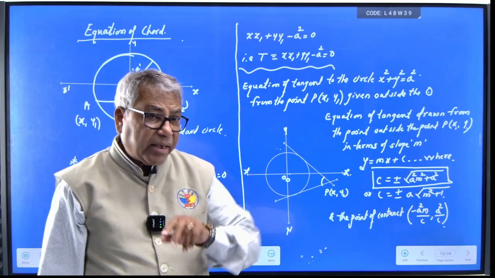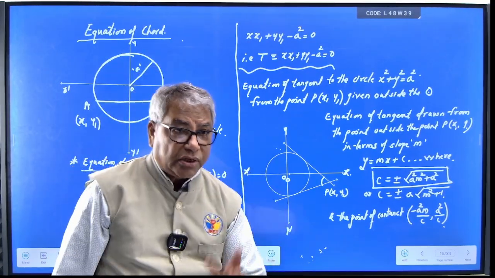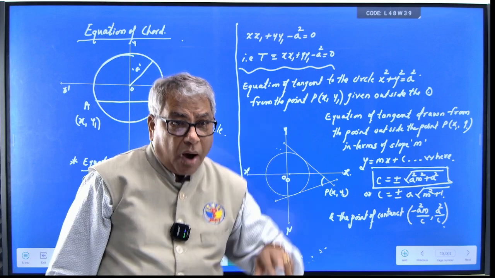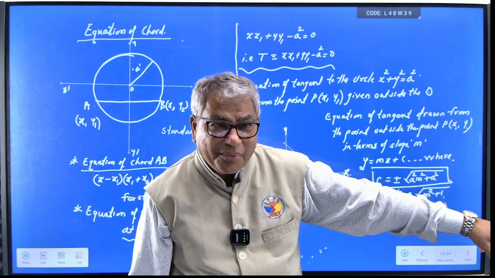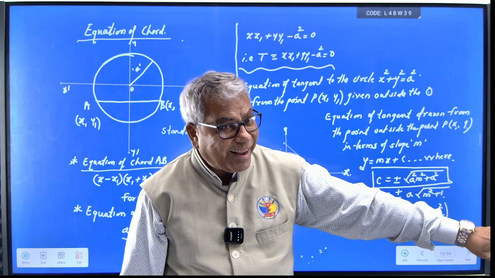Again, (x minus x1)(x1 plus x2) plus (y minus y1)(y1 plus y2) is equal to 0. This is the equation of the chord. Correct? Right.